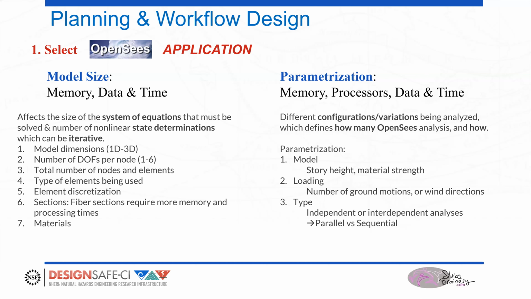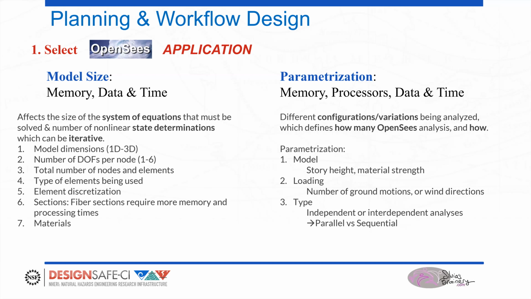So the model size affects the size of the system of equations, right? Your matrix gets bigger and bigger as you increase these different parameters that I'll talk about, which means that not only do you need more memory to invert this stiffness matrix, but you may have more elements that go nonlinear or inelastic, and so you need to do these state determinations that can sometimes be iterative.